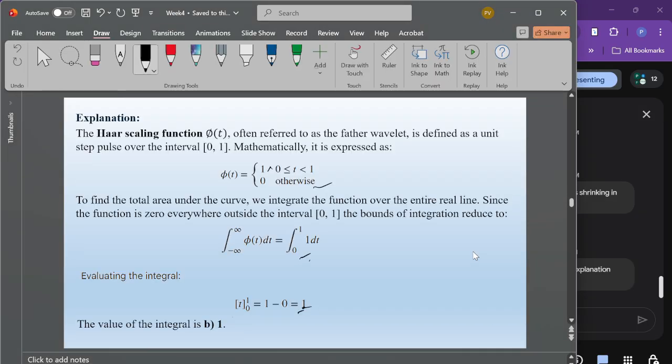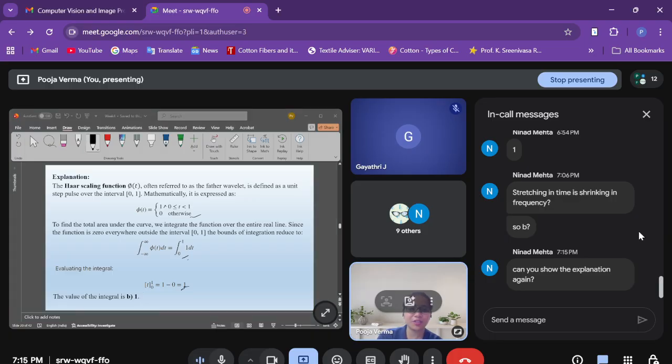Okay, sure. So yeah, this is the explanation. The Haar scaling function, phi t, is given, and it is also referred to as the Father wavelet. It is defined as a unit step pulse in the interval 0 to 1. So mathematically phi of t can be represented by this function: if t is between 0 and 1, the value is 1, and for all other values it is 0.